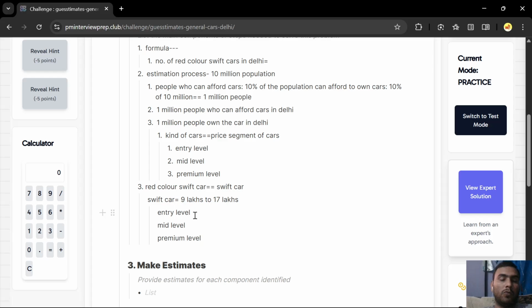So if I were to divide that 1 million population, those who own a car, we are dividing that 1 million by the price segment of the car they own. Now in the entry level, I am considering of the 1 million, 70% of the people own the entry level car.